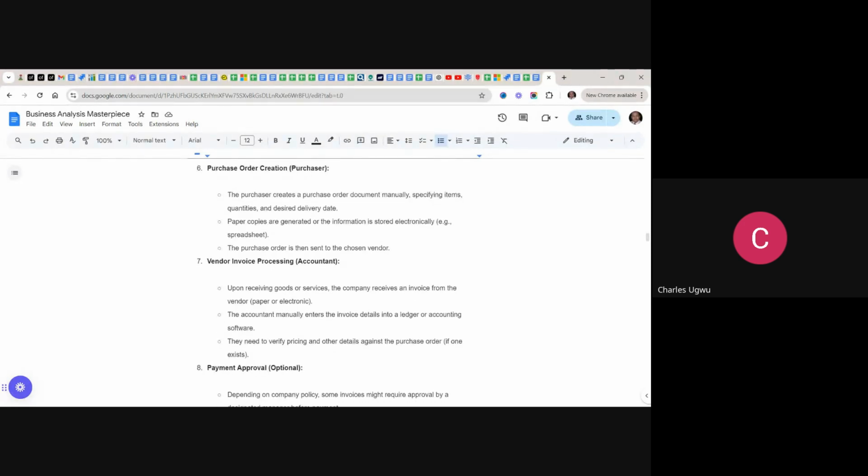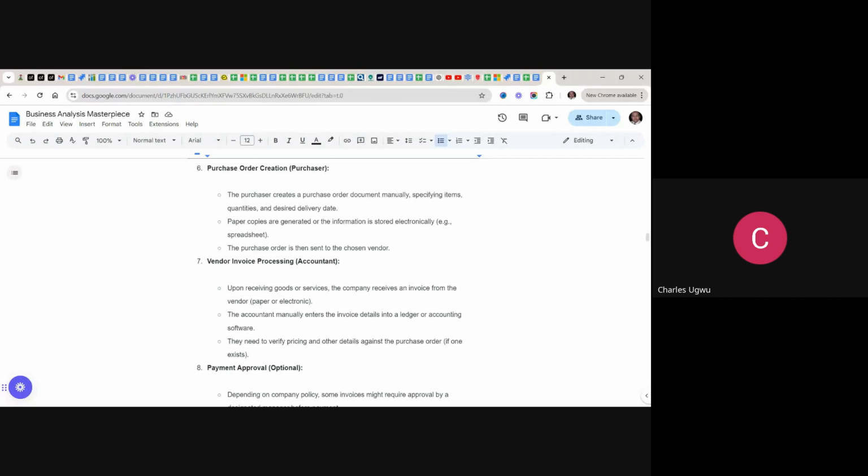Now, upon receiving, this is an accountant again. The accountant needs to look at this invoice, at times before they release payment for this purchase. Upon receiving goods or services, the company receives an invoice from the vendor.